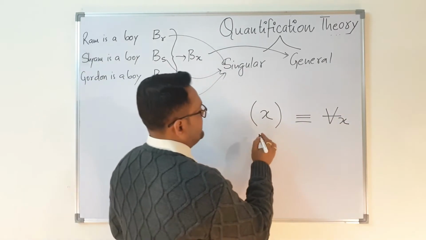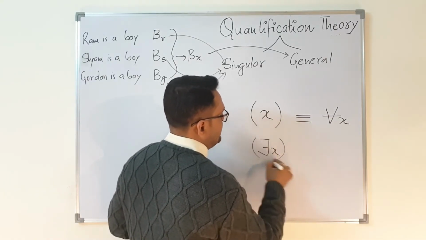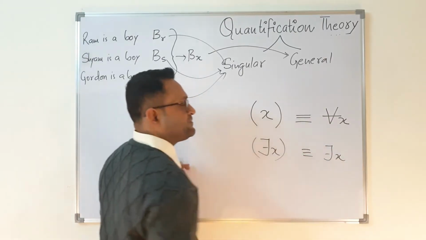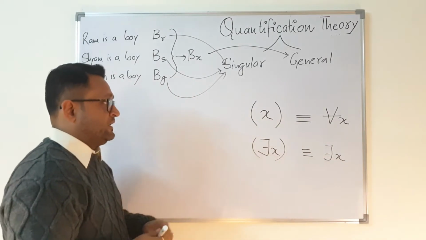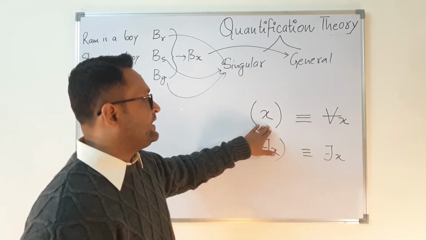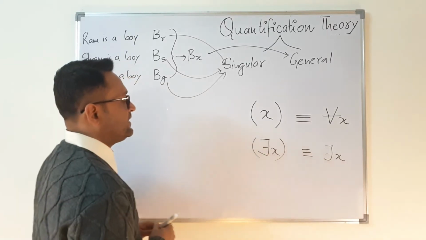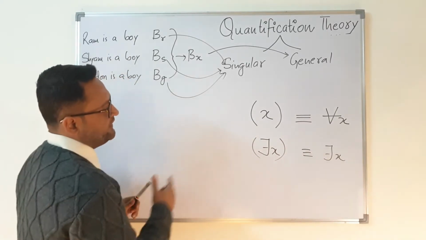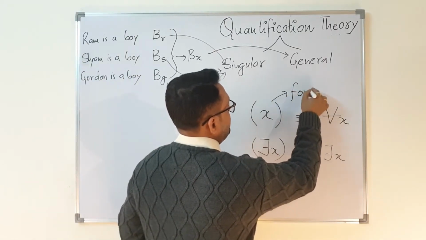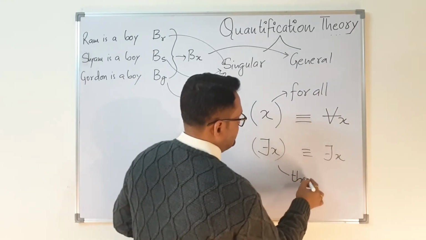And for some, we will be using this symbol, which is exactly the same as we use in mathematics, or sometimes also in computer science. So this is the for all, the universal quantification, and this is the there exists, or the existential quantification. This is called for all, and this is understood as there exists.